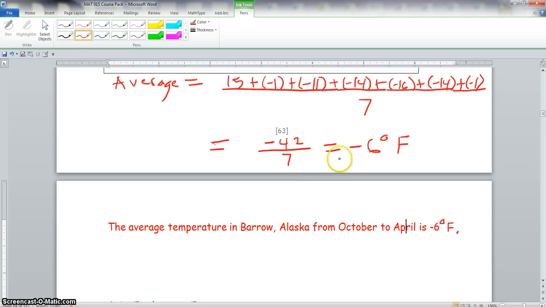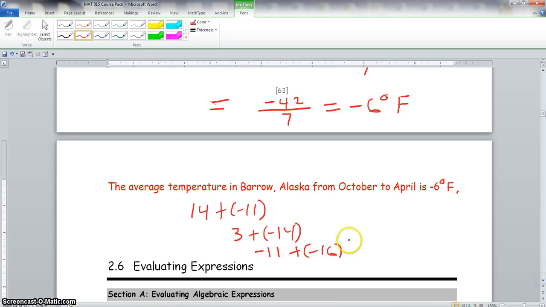Now, if there's more time in this video, I want to try and add this out to show you. 15 plus negative 1, we already said is 14, plus a negative 11, which would give us 3, plus a negative 14, which would give us negative 11, plus a negative 16, which would give us a negative 27, plus a negative 14, which would give us negative 41, plus negative 1, which is negative 42.